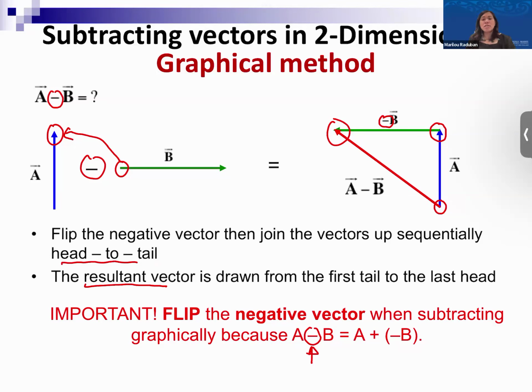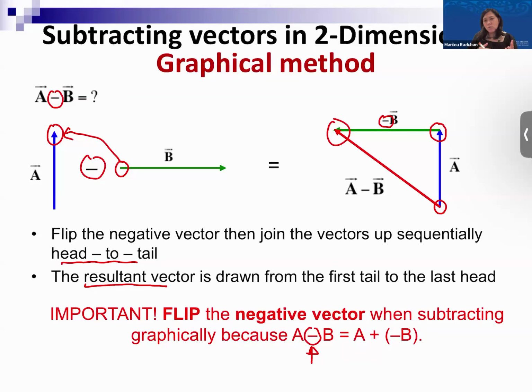But as I mentioned last time, the graphical method can be quite tedious because you have to draw the individual vectors with the correct magnitude or size using a ruler. And then to find the resultant vector, you'll also have to use your ruler to measure the length of the resultant vector.